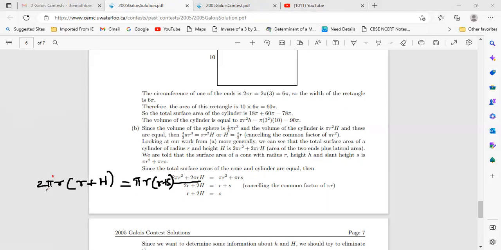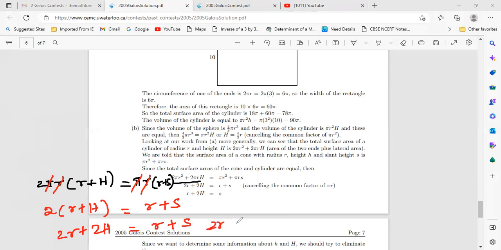So pi r will cancel out. We'll have 2 times r plus h is equal to r plus s. So 2r plus 2h is equal to r plus s. So 2r minus r plus 2h is equal to s. If you subtract r from 2r, you're going to have r plus 2h is equal to s. Can you follow this, Shana?